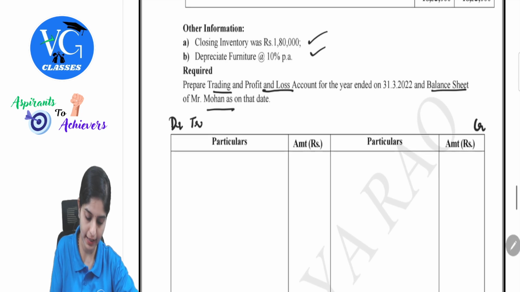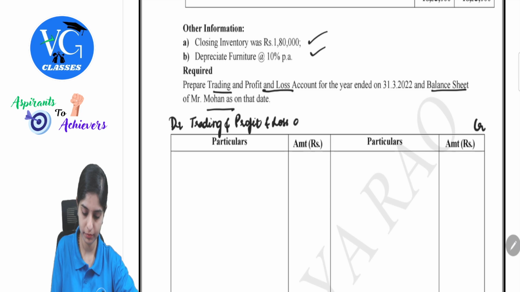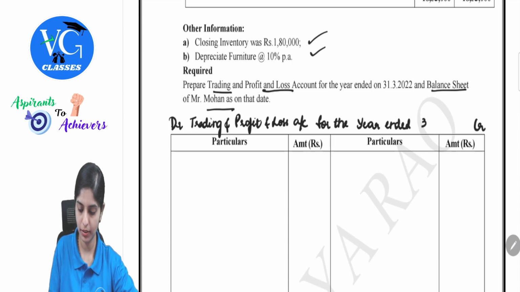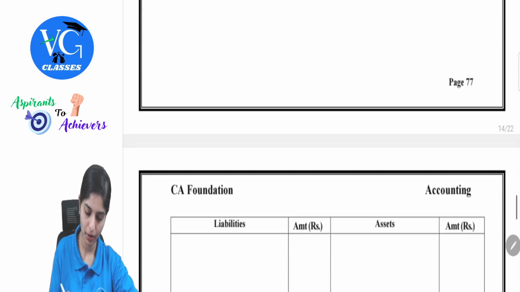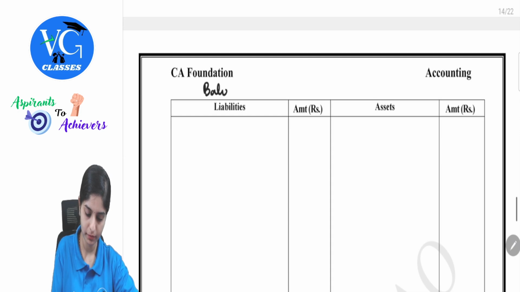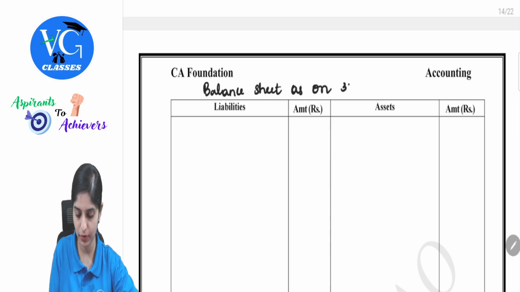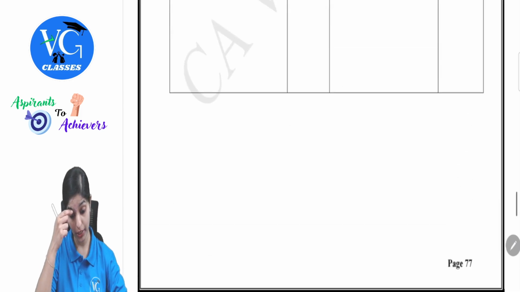So I will put the heading as Trading and Profit and Loss Account for the year ended 31st March 2022. Likewise, the balance sheet will be written as on and not for the year ended, because it is presented only on the particular date, 31st March 2022.